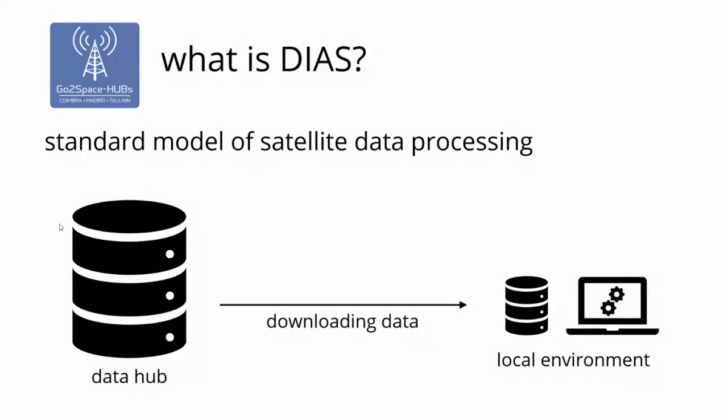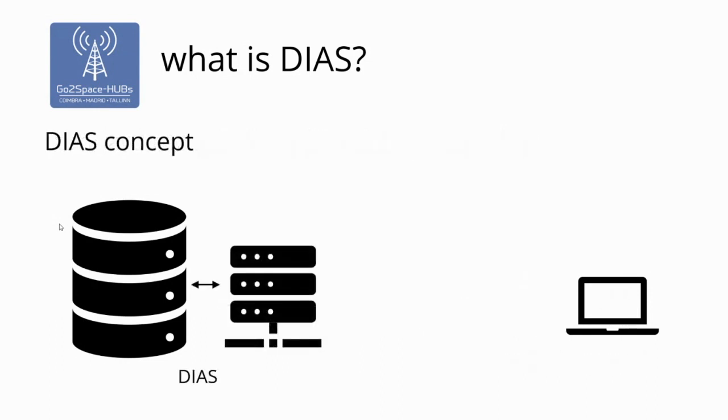But very often this data is a huge amount, terabytes sometimes. So it takes time to download it. Also, it takes infrastructure to store this data. So the DIAS concept is to change this approach, to change this model.